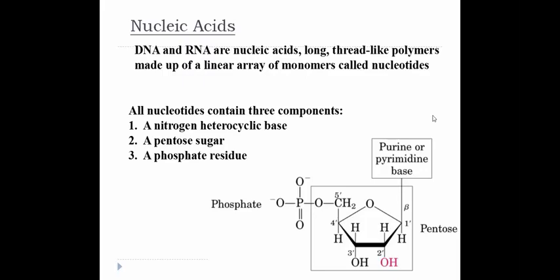Please mute your microphone. So we have the purine base, then the pentose sugar and the phosphate. This is just emphasizing the structure: 3 components. Always remember these 3 components: a purine or pyrimidine base, a pentose, and a phosphate.